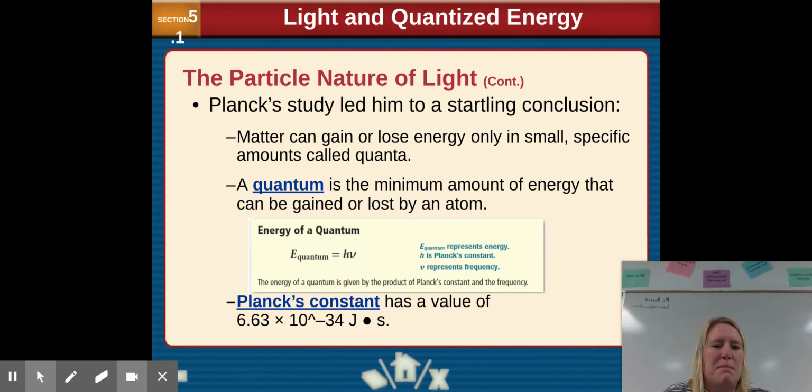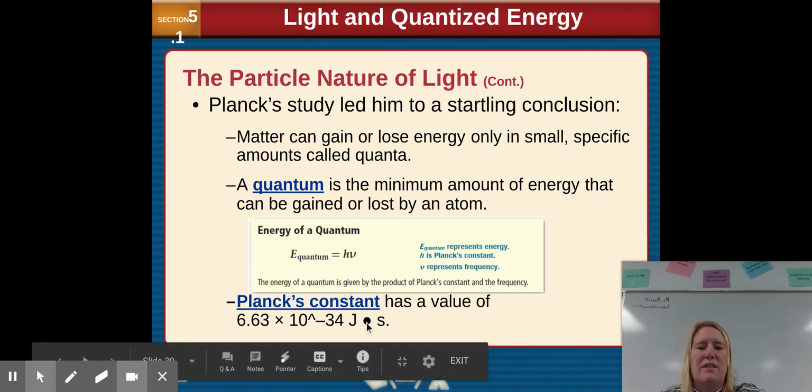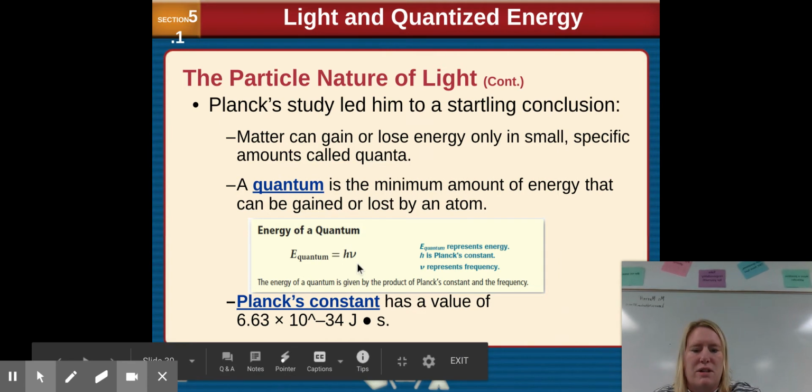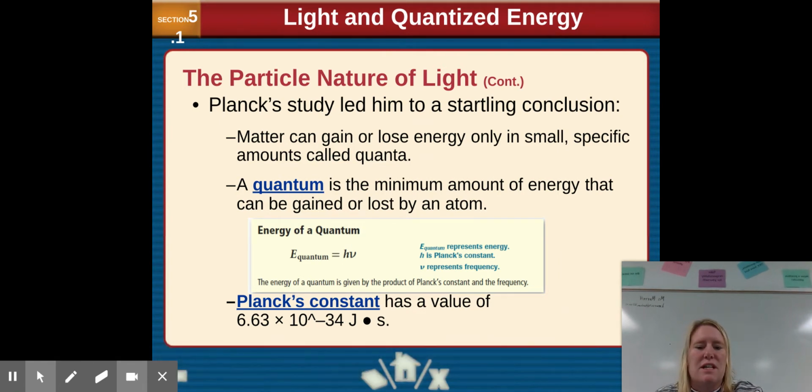A quantum is the minimum amount of energy that can be gained or lost by an atom. Planck's constant is the number 6.63 times 10 to the negative 34th. E represents the amount of energy, h is Planck's constant, and v represents the frequency. So E equals hv.